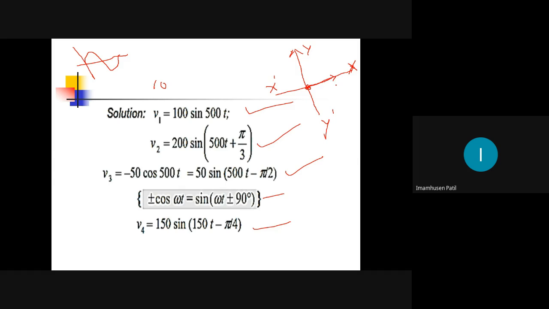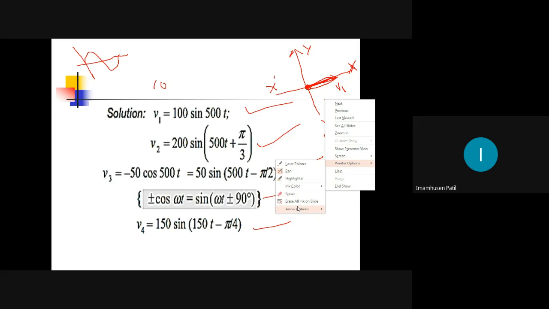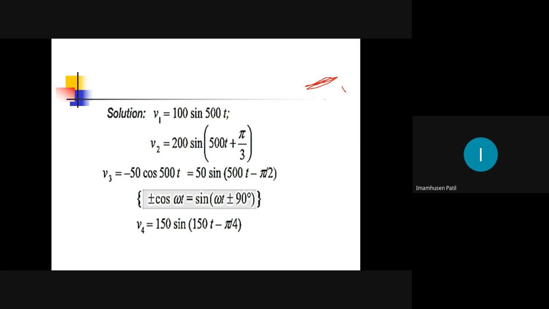This is V1. There is no phase difference here.